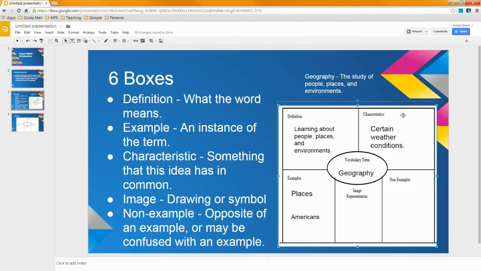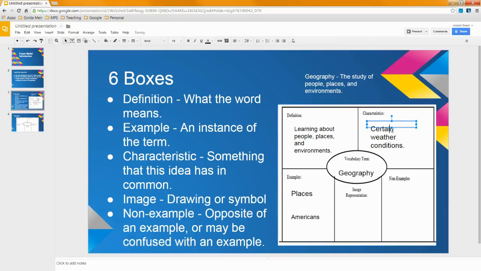Okay, so let me go ahead and put down a second characteristic. A second characteristic of geography we could put is people that study geography use maps.